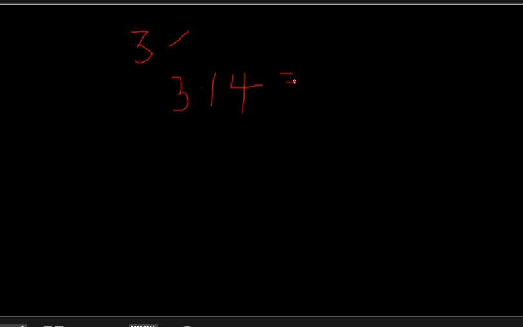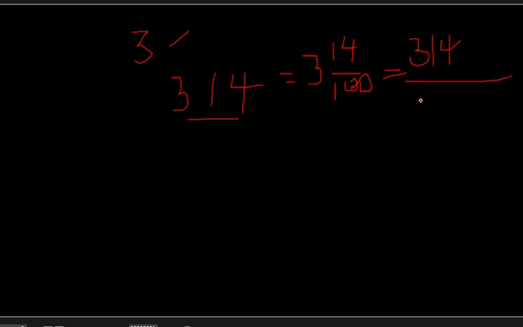How do you express this as a percentage? Multiply 314 over 100 by 100. The hundreds are going to cancel, and you have 314. So 314 is going to be our answer. It will just be 314%. So this is technically our answer.